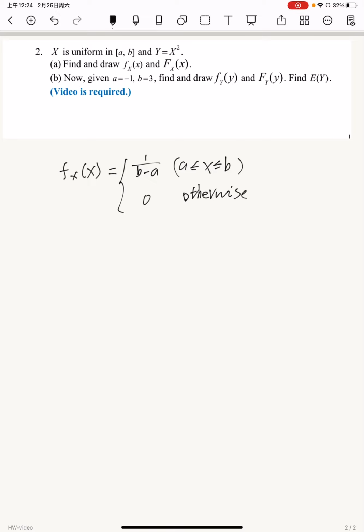And we can draw the diagram, with axes X and f_X, from A to B, at height 1 divided by B minus A.